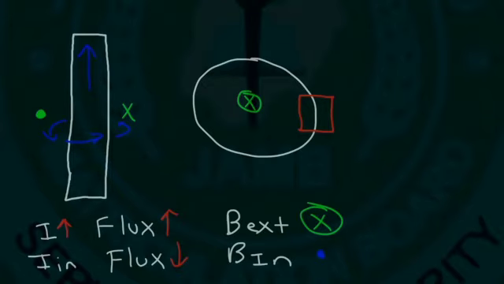So at the center, or on the left side, it has to be going out of the page. And on the right side, into the page. So notice that we have the same direction. On the left side we have a dot, on the right side we have an X. Therefore the current must be going up in that segment of wire, which means that the current is traveling in the counterclockwise direction. So that's the answer.